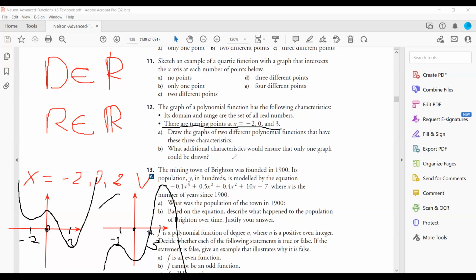But how can I define what additional characteristics would ensure that only one graph could be drawn? What else do I need to know in order to make a graph that is 100% the polynomial function I'm describing? Take notice: characteristics, not only one characteristic, there are several of them.